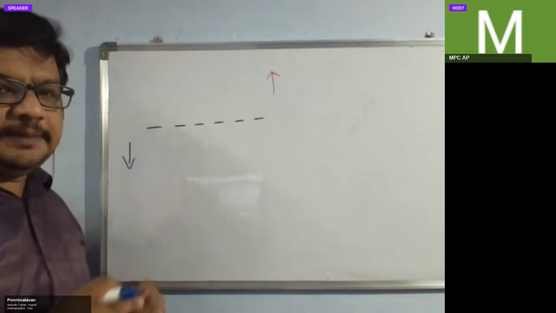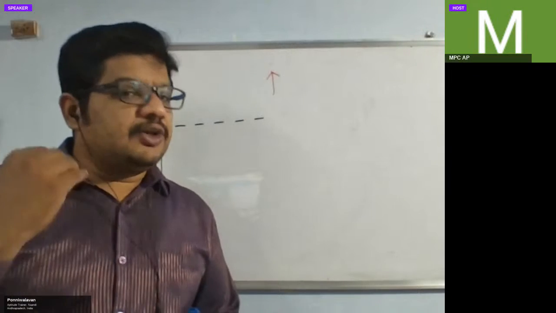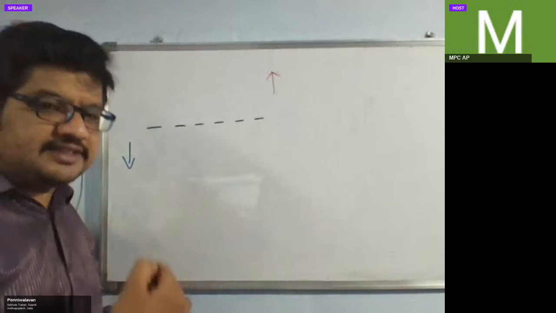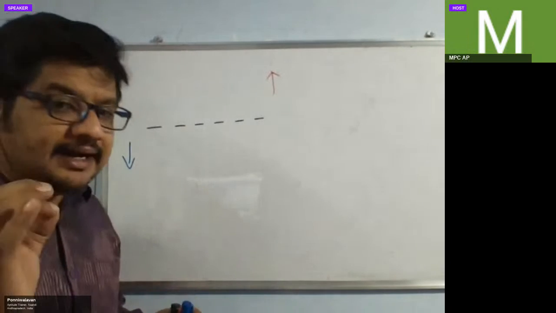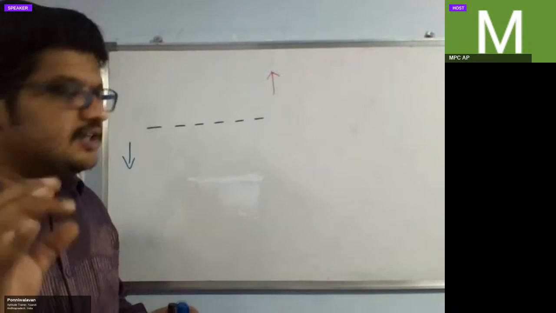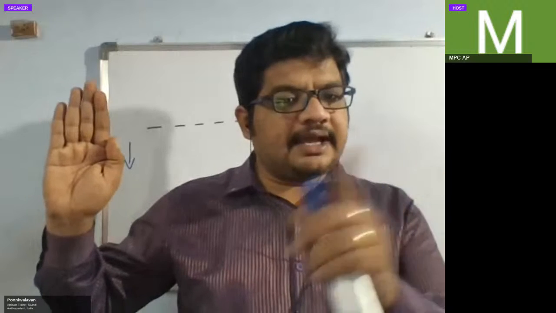The basic is you can take it either way. Whether they are facing upwards or downwards, no problem. But you have to be very clear about right and left. Suppose I am facing downwards. My right hand is your left side.